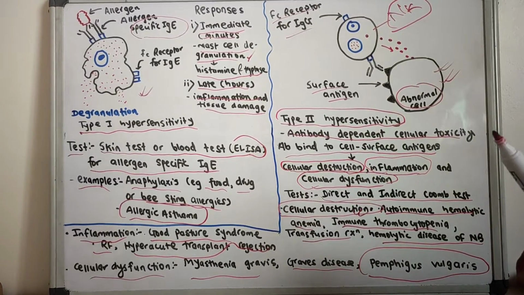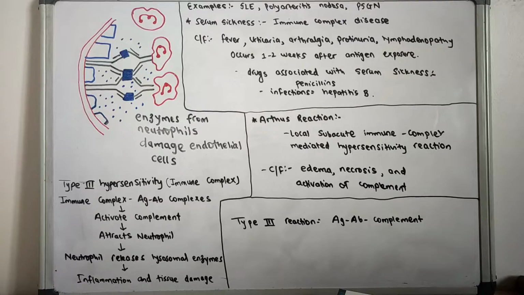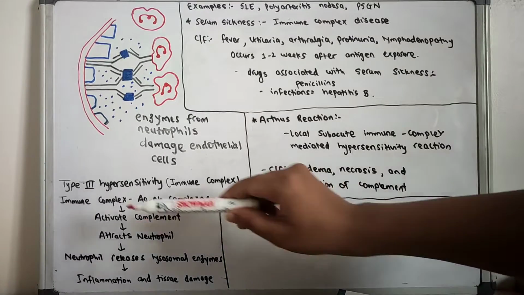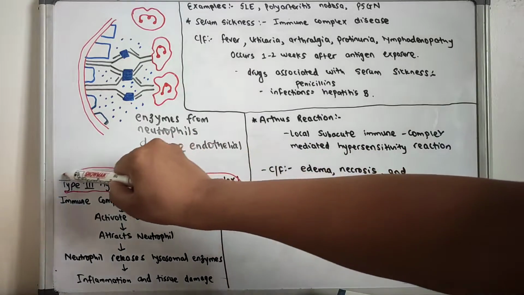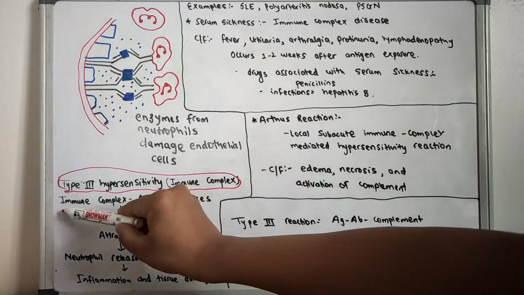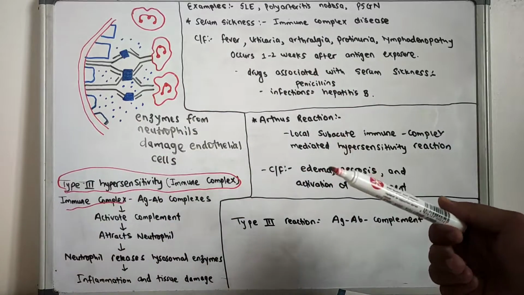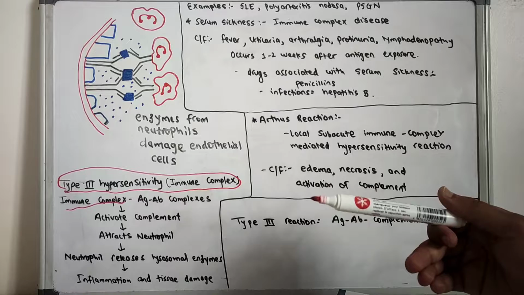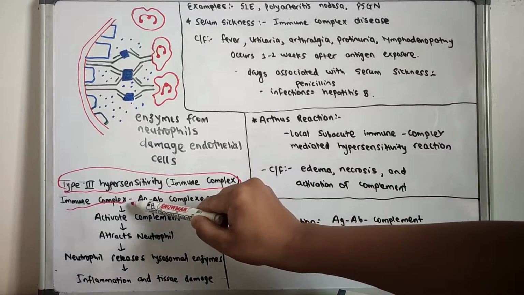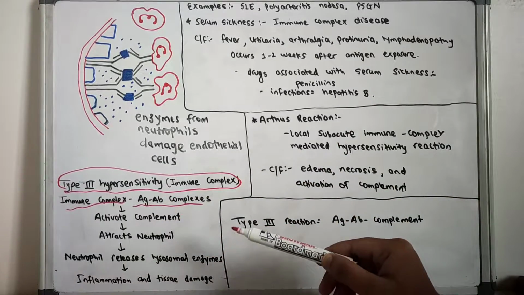Now let us discuss type 3 hypersensitivity. The type 3 hypersensitivity reaction is the immune complex type. So what happens? The antibody in the immune complex in type 3 hypersensitivity is mostly IgG.